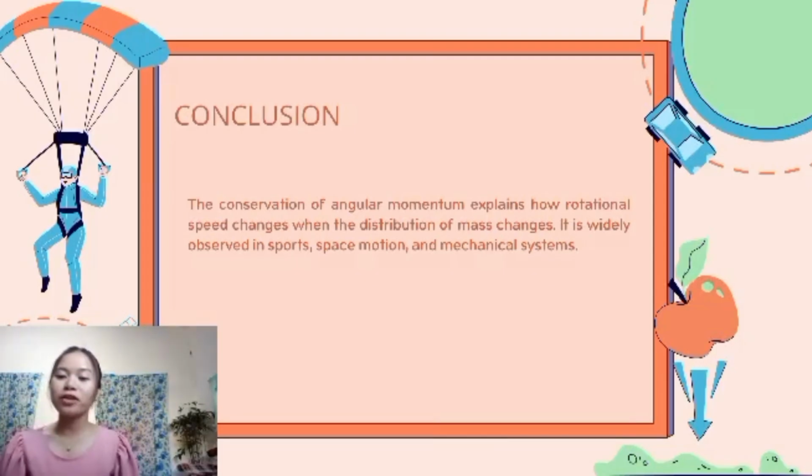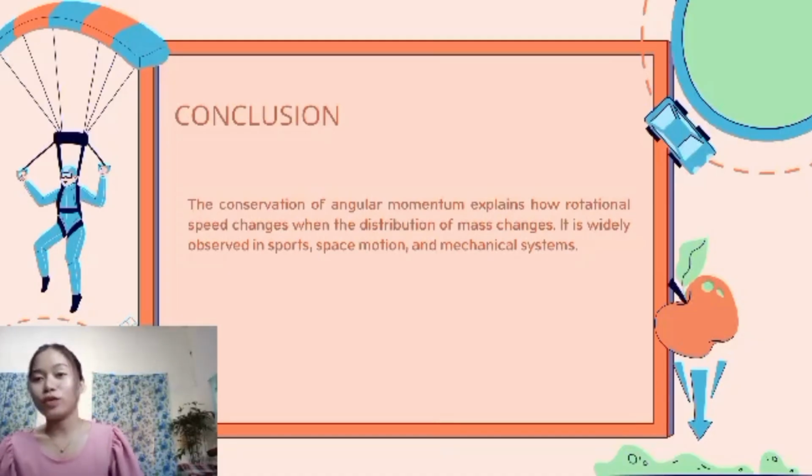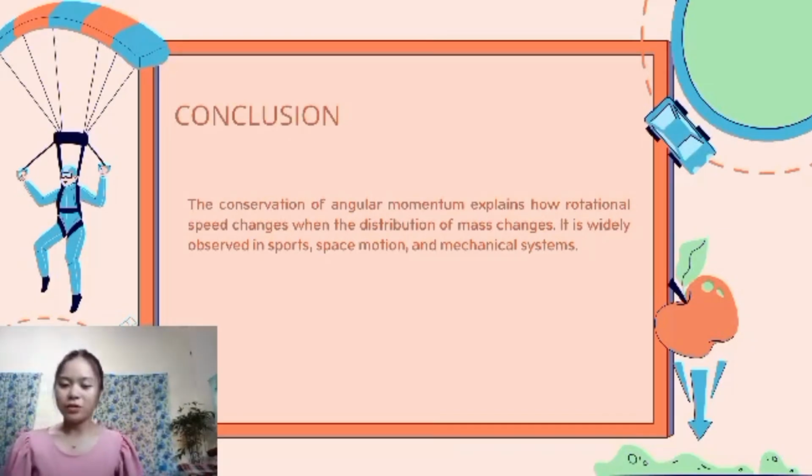For a quick pattern to remember, if the moment of inertia decreases, the angular velocity increases. And if the moment of inertia increases, the angular velocity decreases. So that's all. Thank you.